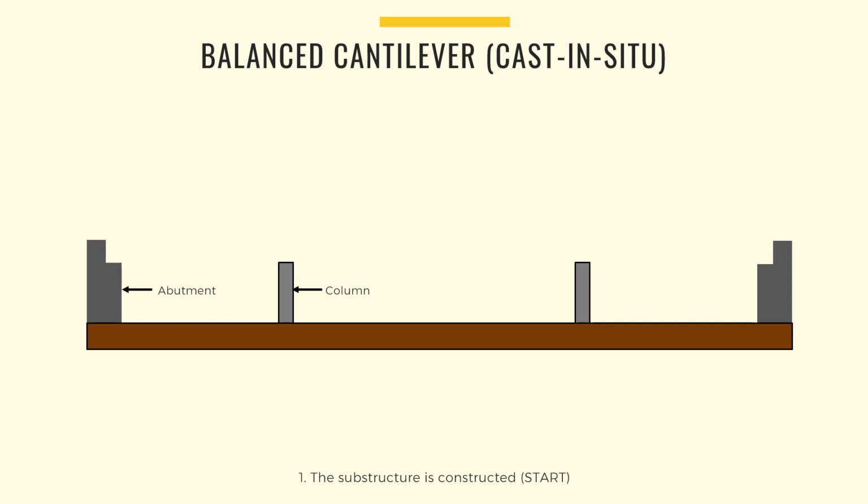So first, the start of the method involves having the substructure completed. So this involves our column piers and our bridge abutments. Next, formworks are then installed at the top of the piers in order to cast the pier segment.